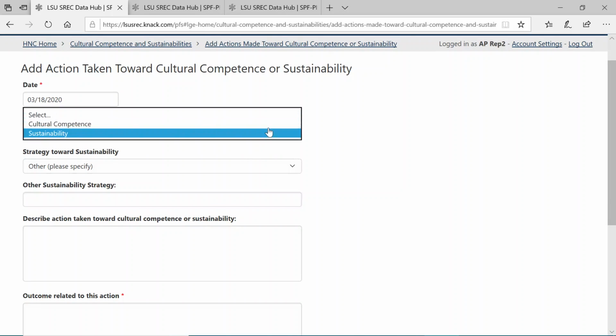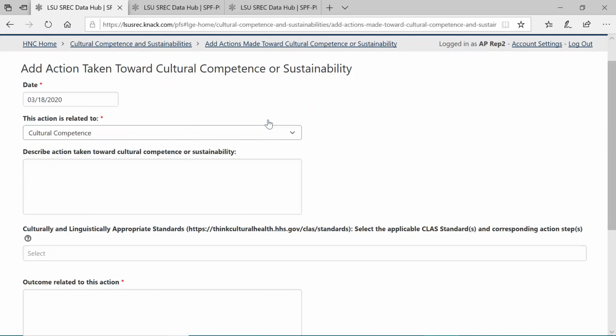If this is a cultural competence step you want to put in, it's going to ask you, you'll see another drop down here that's going to ask you to select the applicable CLAS standards and their corresponding action steps. You see that there's a question mark button here that will let you know the field for the corresponding action steps will appear after you select a standard from this menu.